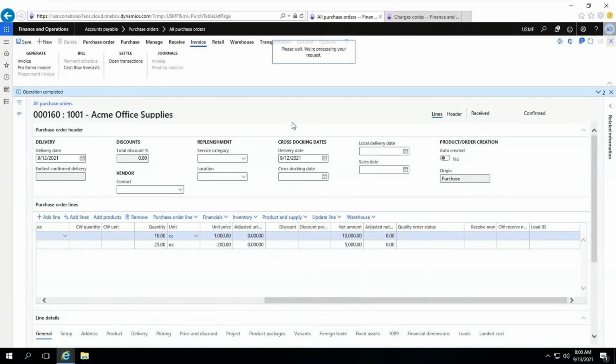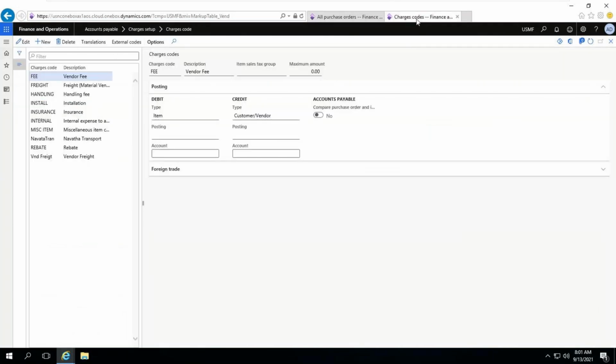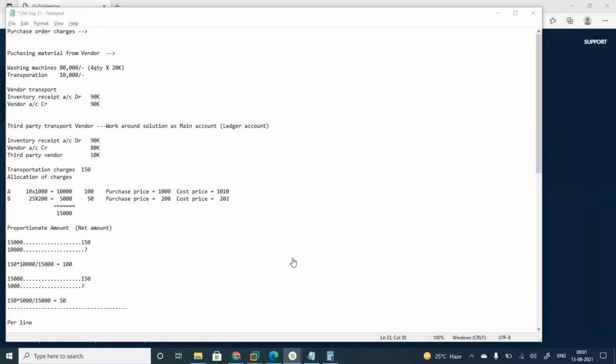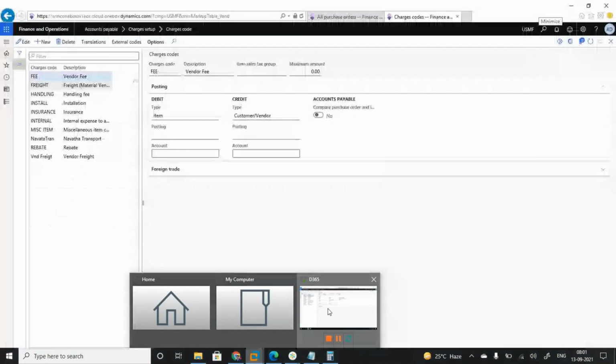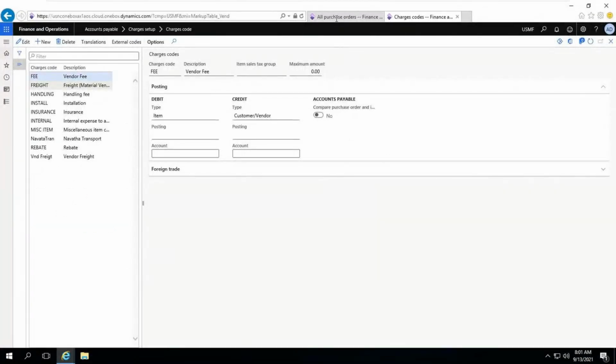If it is a third party vendor, I will show you tomorrow what happens. If it is a normal one, because we have selected the charge codes like freight charges, material freight charges, item and vendor, the transportation charges will be included to the vendor account, because the same material vendor is arranging the transportation.